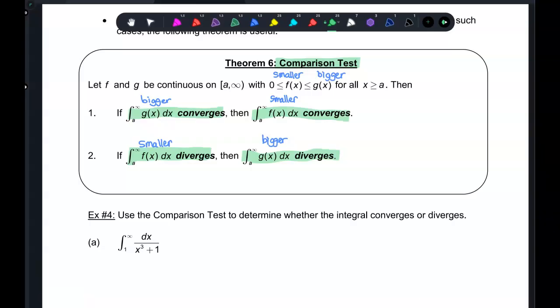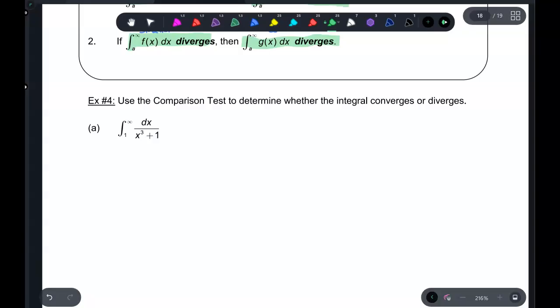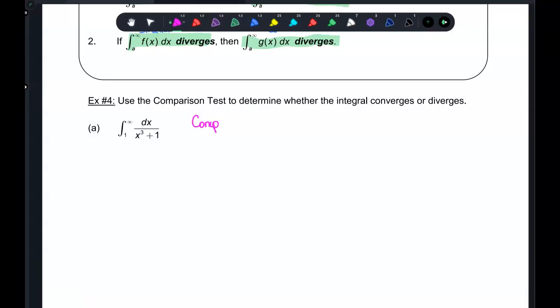Okay, so we'll just do this last one here. Use a comparison test to determine whether the integral converges or diverges. Okay, so again, we can't use any other method. So what I'm going to do is pick a function that resembles this one in end behavior, that looks really similar. So I'm going to compare 1 over x to the third, because that we can evaluate, okay?